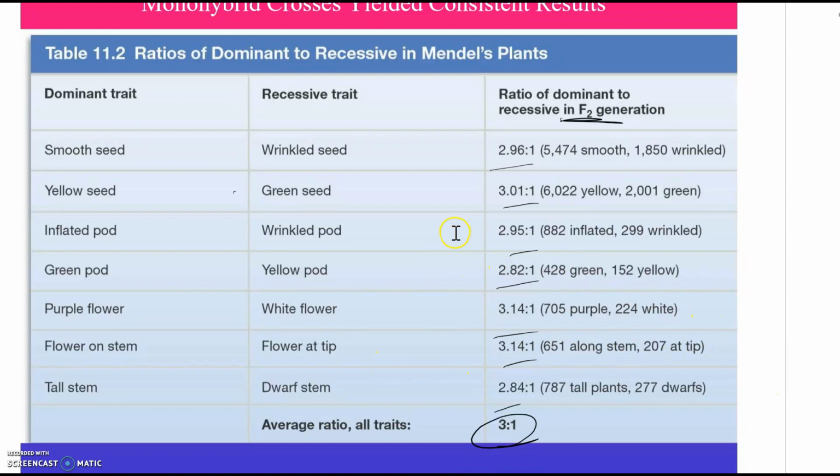So that important number told him something about the fact that that trait had gone away in the F1 generation and then popped back up in this ratio of 3-to-1 in the F2 generation. Now, we have a tool called Punnett squares that can help us understand how that actually works.